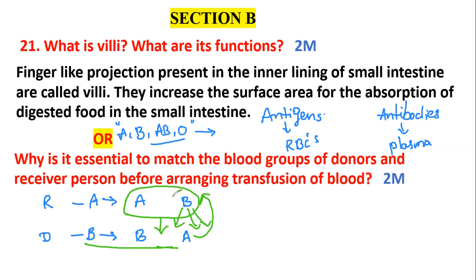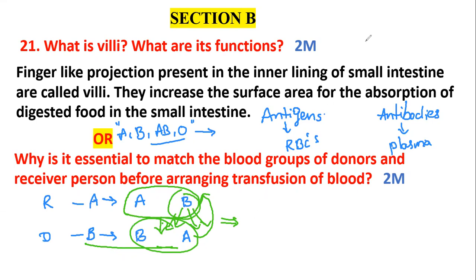The antibodies fight against this blood. So what will happen? Finally, all the blood cells are going to die, and in the person who receives unmatched blood there will be coagulation. Finally, the person may suffer severe blood coagulation, which leads to death.